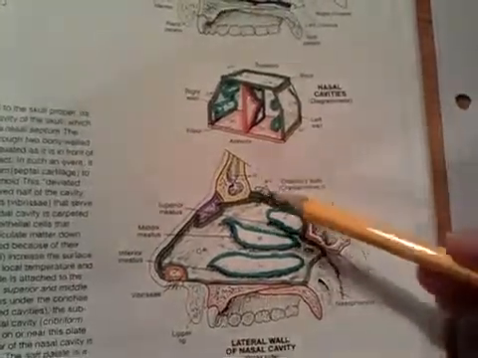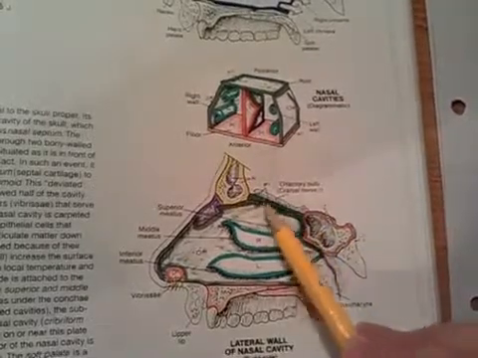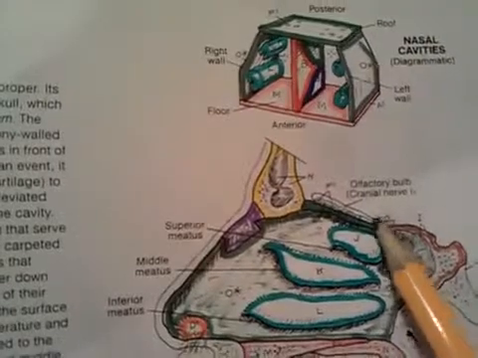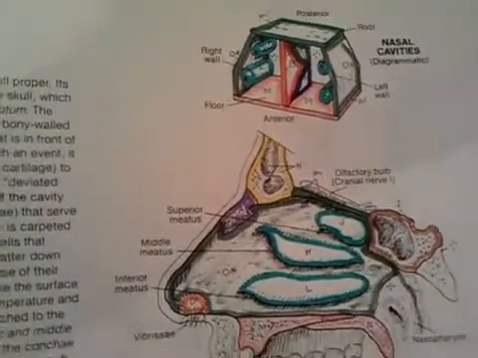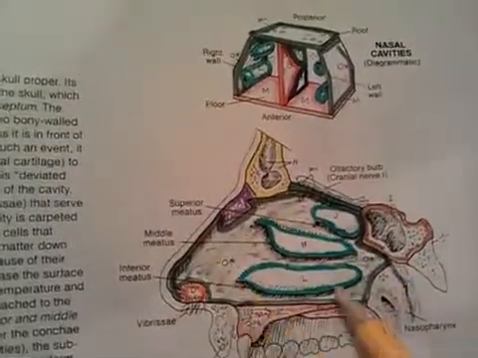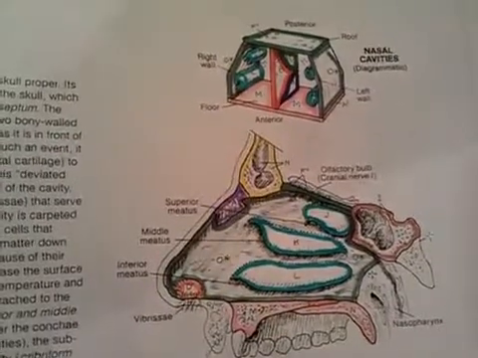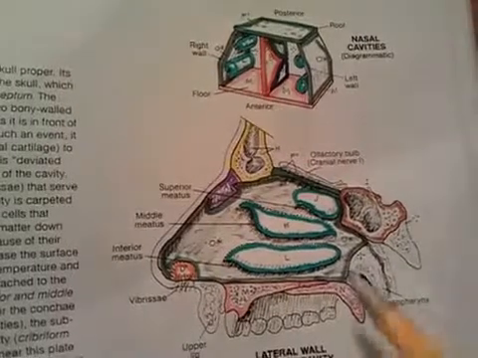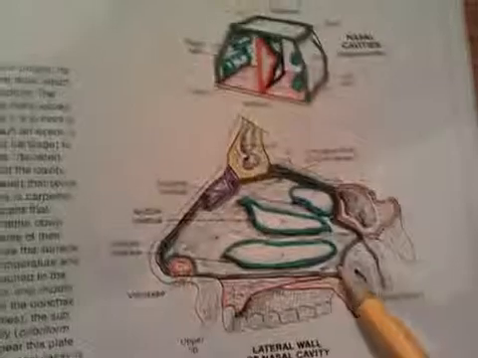It is lined by olfactory epithelium containing olfactory receptors. Here you can see the olfactory nerve is going just above. And then the rest is the respiratory region, which is lined by respiratory epithelium, and it contains venous plexuses and numerous nasal glands to warm and wet inhaled air.